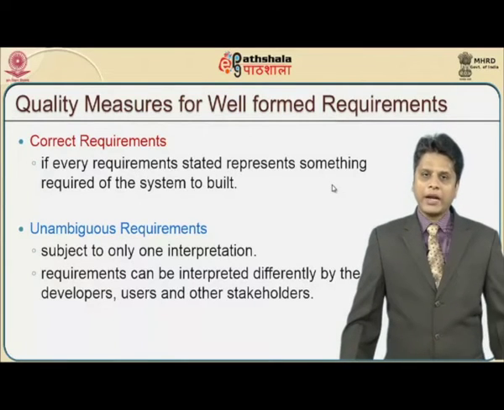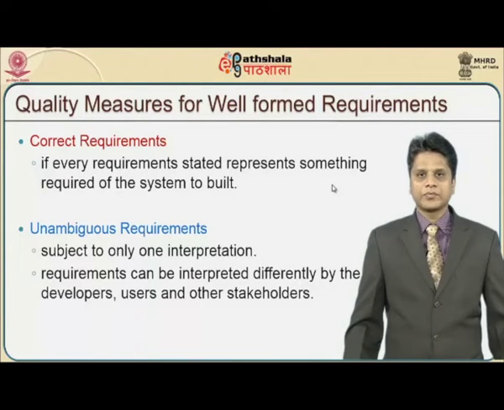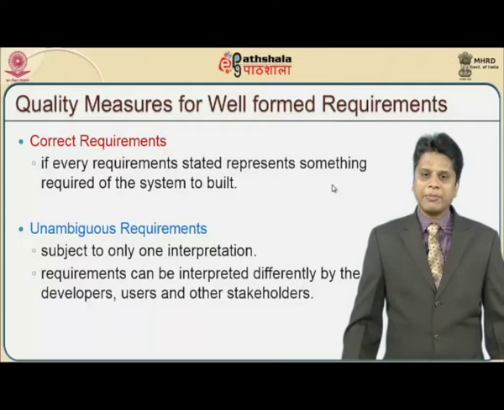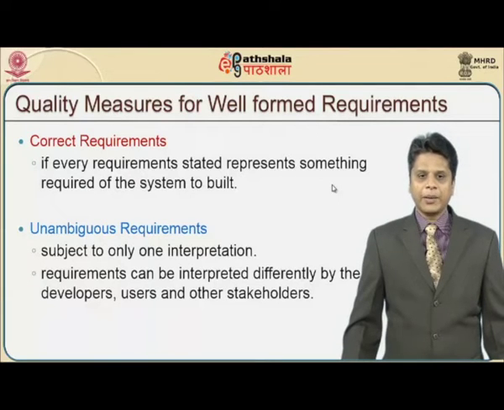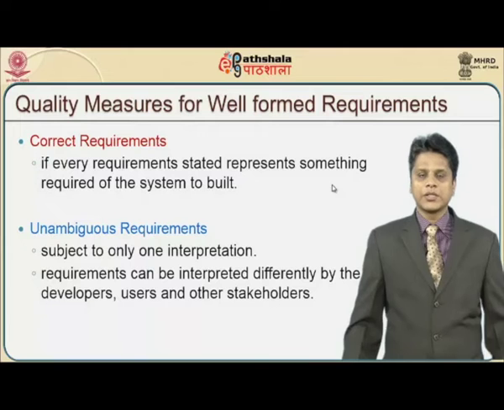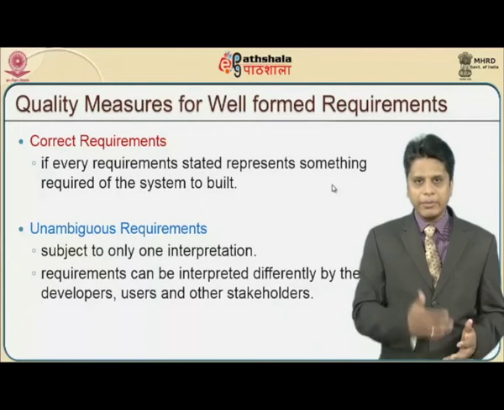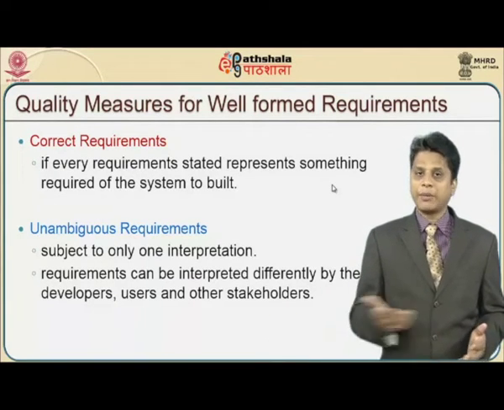When we talk about unambiguous requirements, these are subject to only one interpretation. Requirements can be interpreted differently by the developers, users and other stakeholders. So when I try to match all the stakeholders' requirements on the same issue, then it becomes unambiguous.